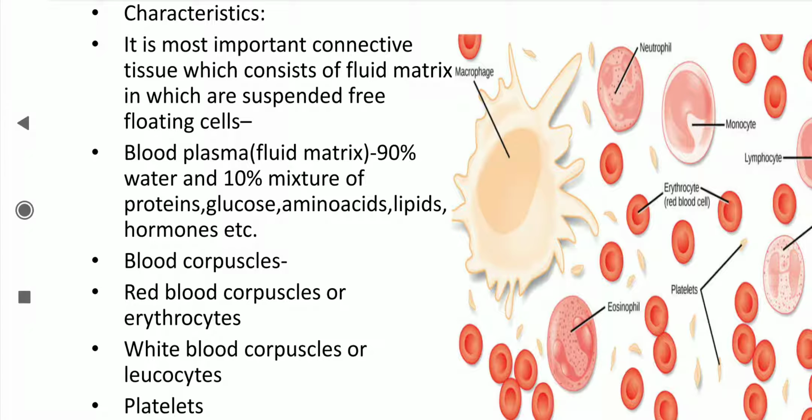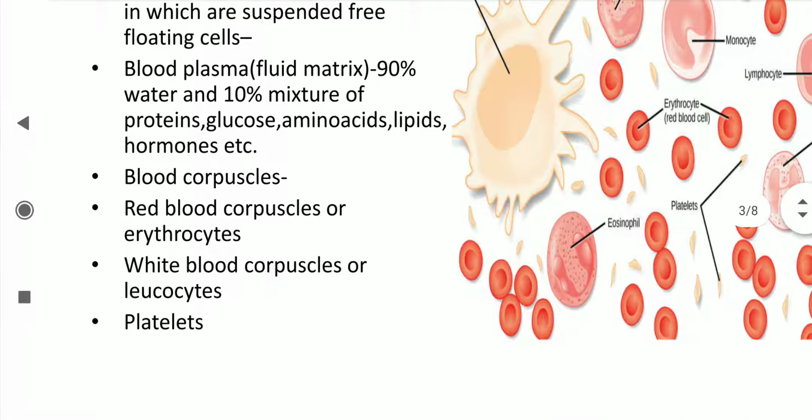And this plasma contains 90% water and 10% mixture of protein, glucose, amino acids, lipids and hormones. Now this plasma or matrix contains cells. There are 2 types of blood corpuscles present in this.